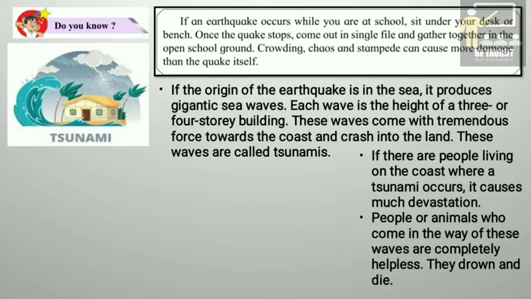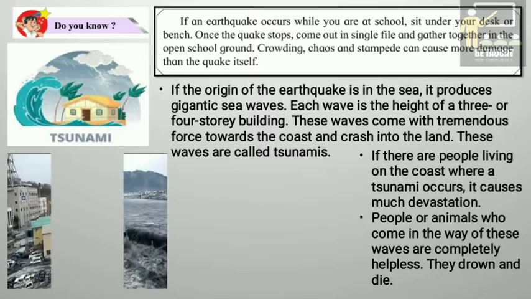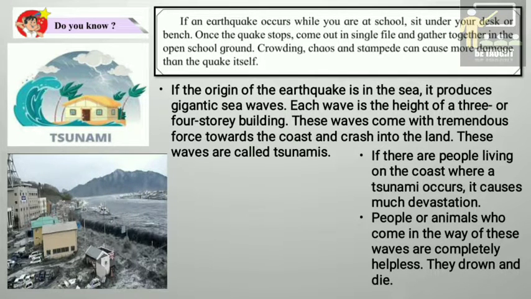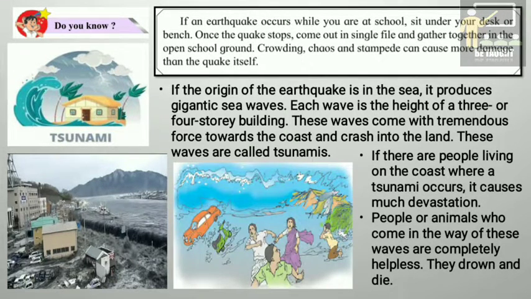If there are people living on the coast where a tsunami occurs, it causes much devastation. People or animals who come in the way of these waves are completely helpless. They drown and die.